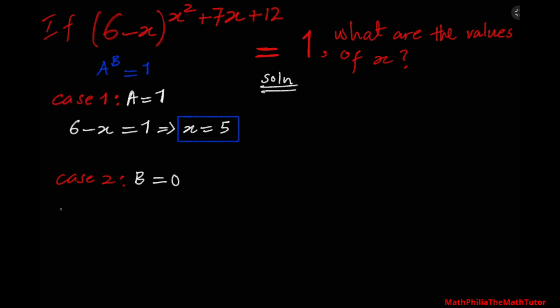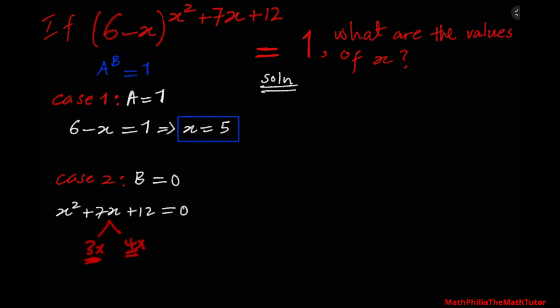Let's go ahead and solve that. Now we are saying x squared plus 7x plus 12 is equal to 0. Well, for those of you who don't know how to factorize this, I'm just going to explain it briefly, but I hope everyone can factorize this quadratic equation. You just have to split 7x into 3x and then 4x. That is two numbers that you multiply together to give you 12. That is 3 times 4 is 12.